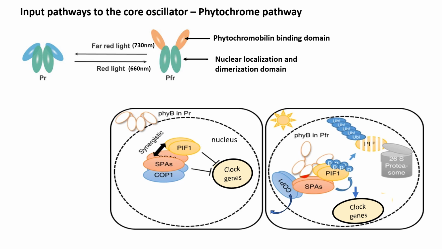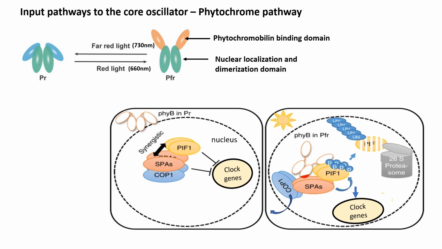In the nucleus, there is an E3 ubiquitin ligase called constitutive photomorphogenic 1 or COP1, which forms a complex with the protein suppressor of phytochrome A or SPA. COP1 is known to ubiquitinate several core clock components, for example ELF3, TOC1 or Gigantea, and mark them for proteasomal degradation in the dark.